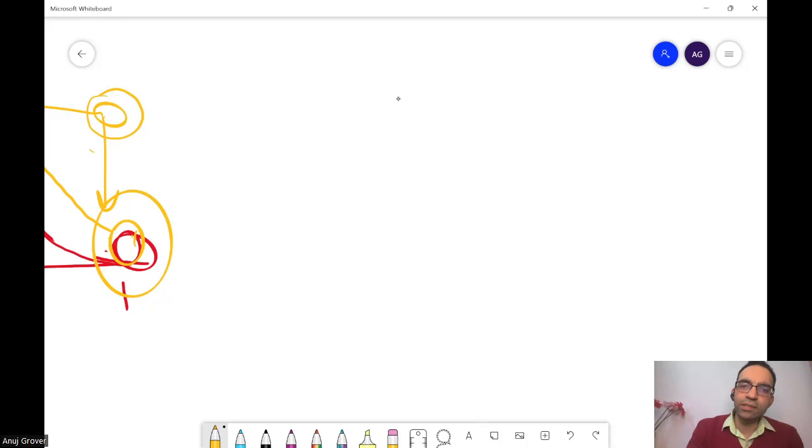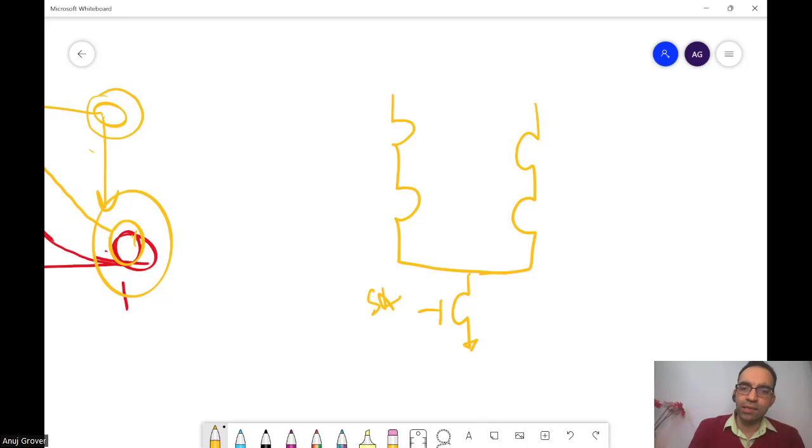Okay, so let us look at the circuit of the sense amplifier again quickly. This is my SAEN. This is how it is.